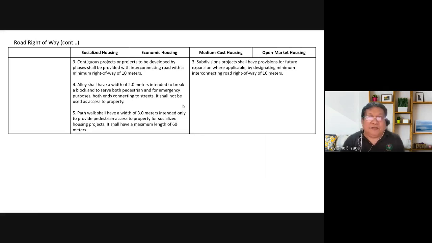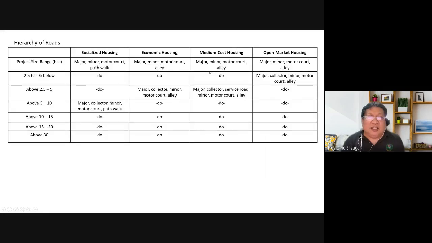What is this? Subdivision projects have a provision for future expansion, so it does not apply to us. Hierarchy of roads, 2.5 hectares and below: it's major, minor, motor court, and alley. We already tackled that earlier.